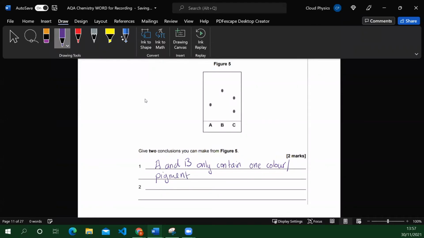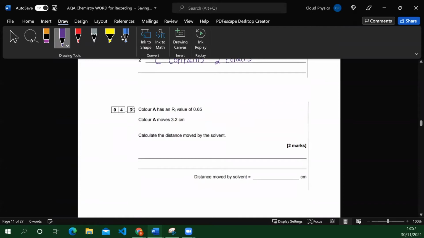And 2, we'll see, contains 2. Okay, we said a mix of colours or 2 colours.